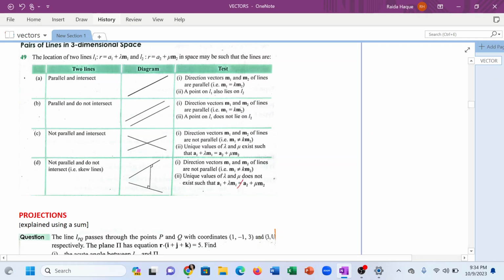Okay, so that will be our test. So what do we call this type of lines? We call this skew lines.